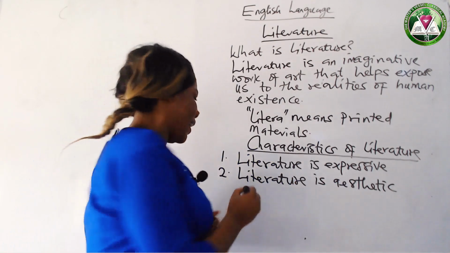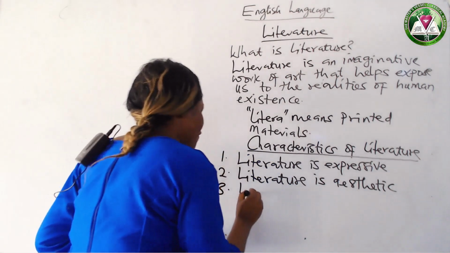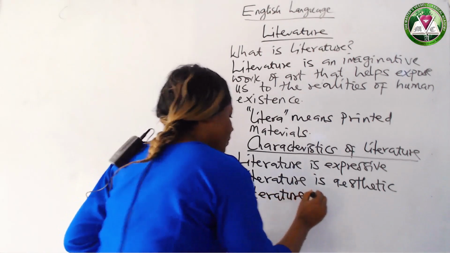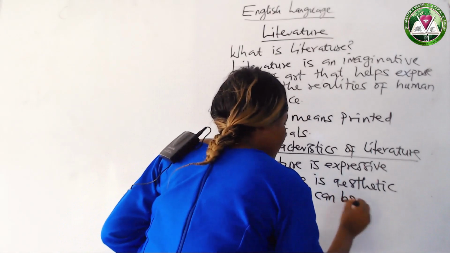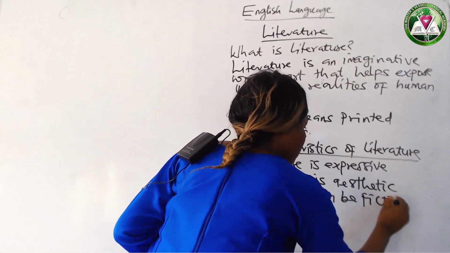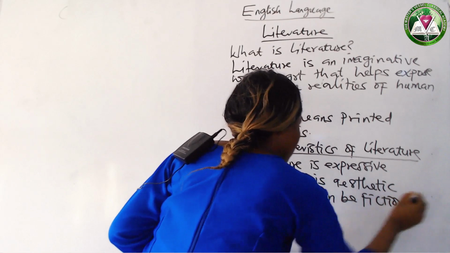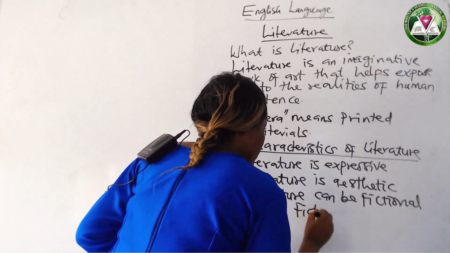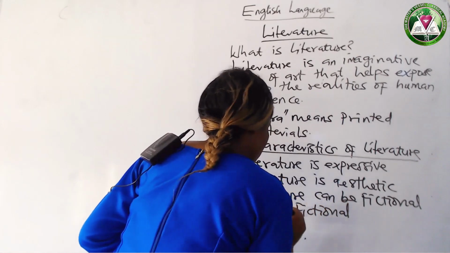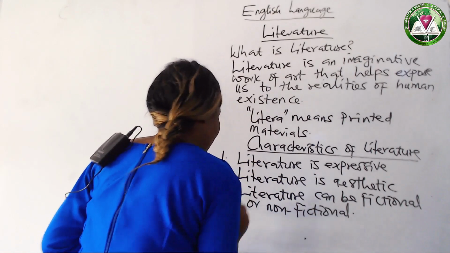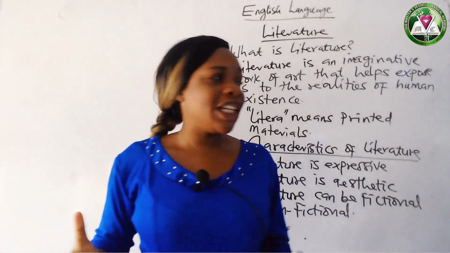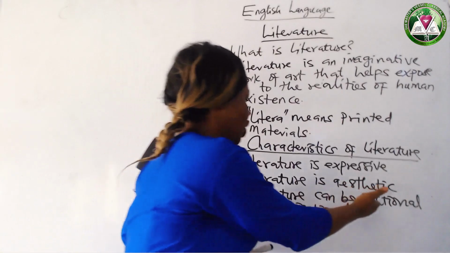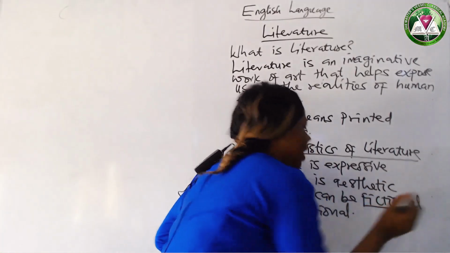Alright, number 3 is that literature can be fictional or non-fictional. Literature can be fictional or non-fictional. What is fictional? Let's look at fictional.